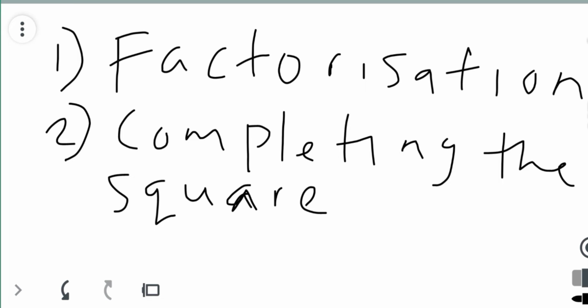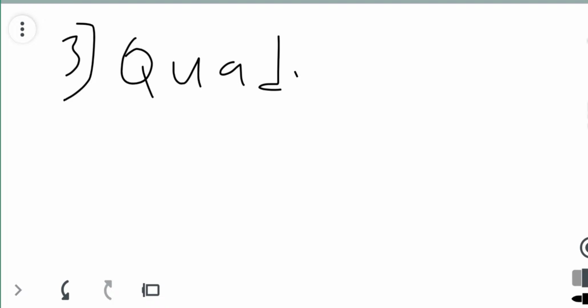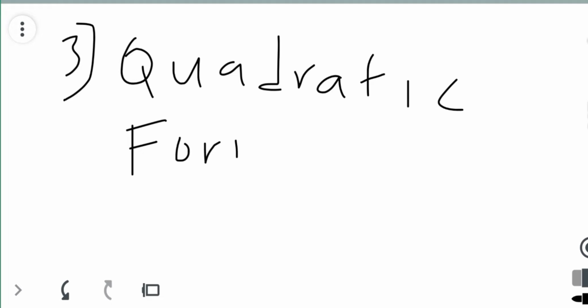As well, we have the third one, the quadratic formula. That's the third method.